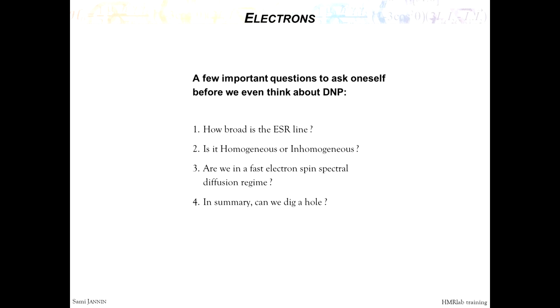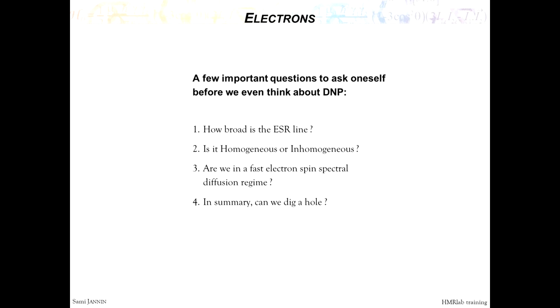I have a question. So you say that in this case the spectral diffusion is faster than the relaxation, but it's not the case for MAS DNP. In this case, can you explain? Because I'm not familiar with MAS DNP. So in MAS, it's much more complicated because the sample spins.